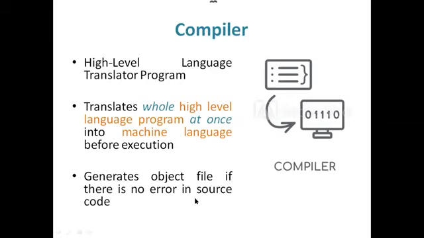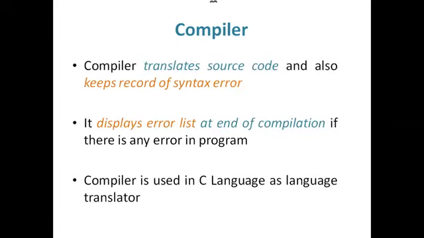Source code is the code which you have written using the high-level language. And if there are no errors in the source code, then it will generate the object code by translating it. The compiler translates the source code and also keeps records of the syntax errors. By syntax error, we mean that there is some error in the syntax or in the structure of the program which you have written.